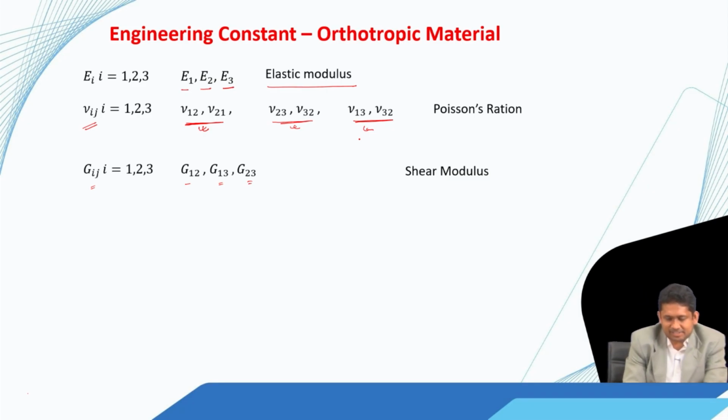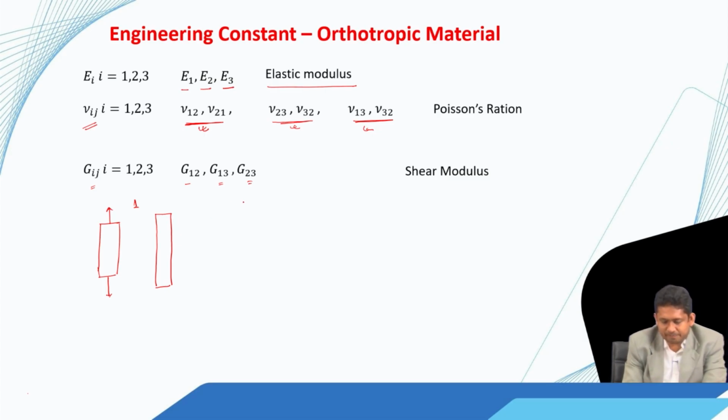Now let us understand the significance of these elastic constants. Let us say we have a material, and we load it along a direction, which we call direction 1. The effect is that it will elongate along direction 1 and contract along direction 2.